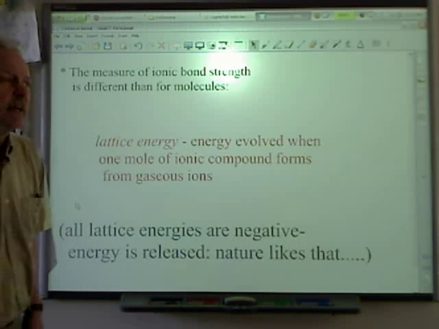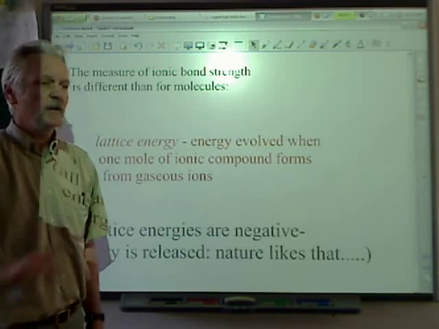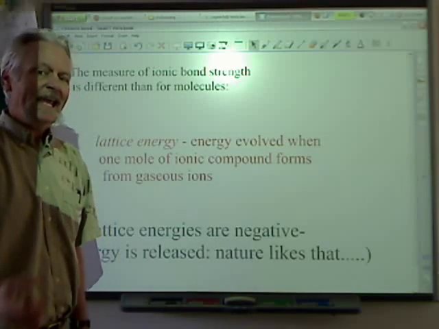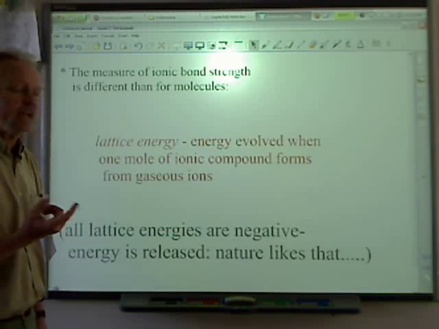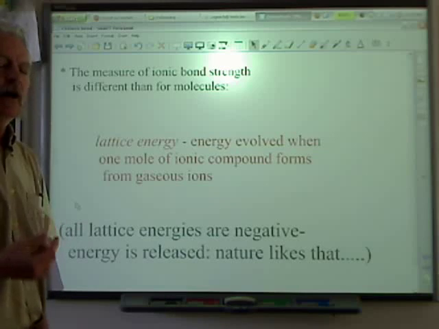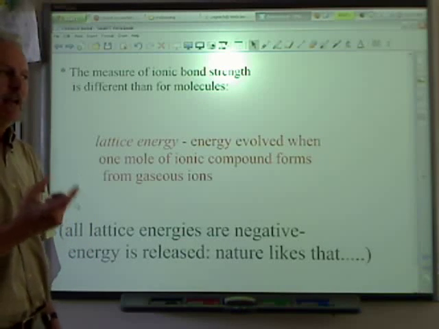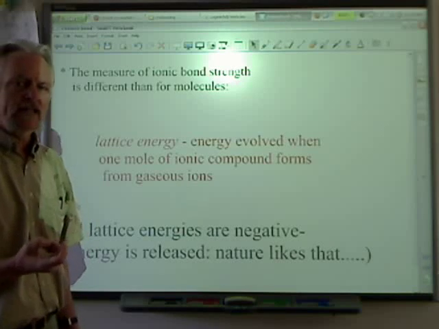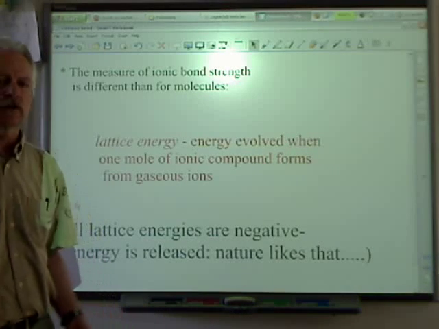We may or may not get into the details of this, but as a result of that fundamental difference between the two, we can't specify the strength of an ionic bond in the same way we did with molecular compounds, in that we can never isolate just one cation and one anion, or one cation and two anions, or whatever.